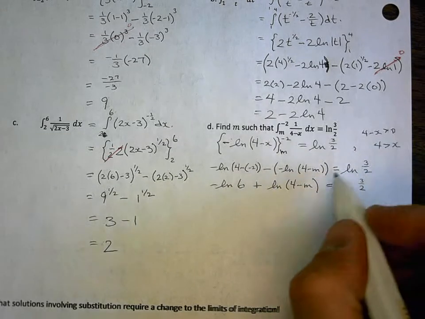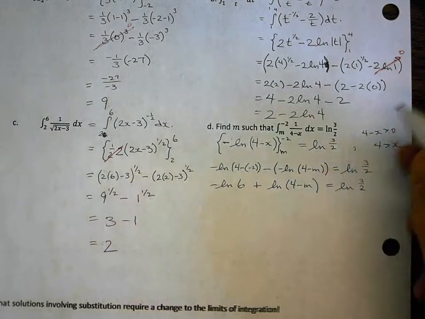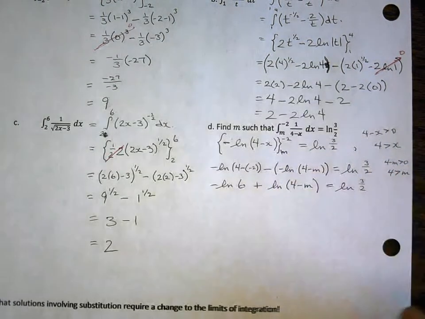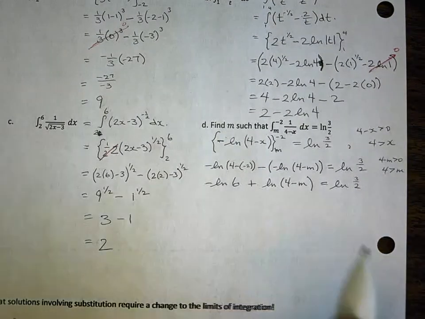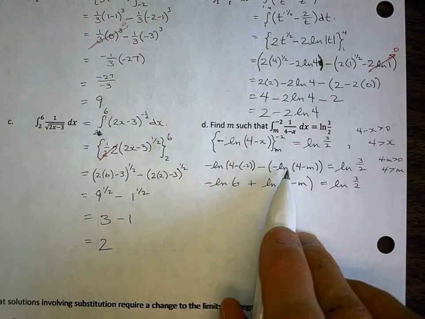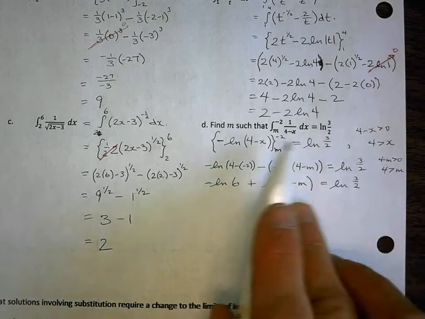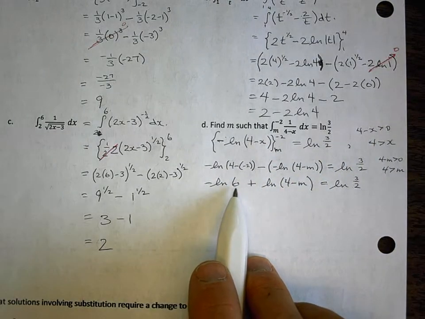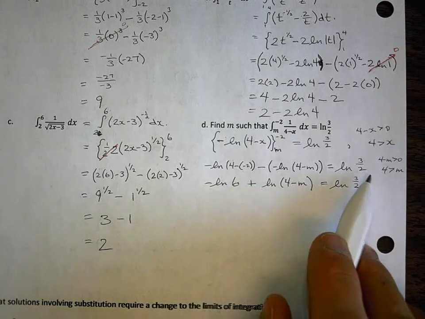Oh, you can see the other limitation here, 4 minus m. We need 4 minus m to be greater than 0, so m has to be less than 4. Okay, that's fine. Again, that's just an easy way of checking my restrictions as I go, as opposed to checking them at the end.